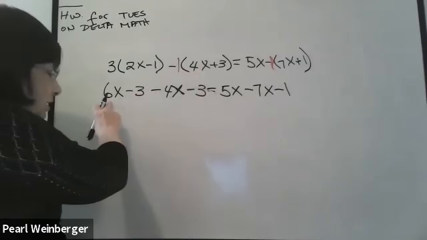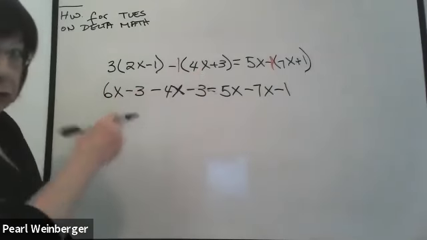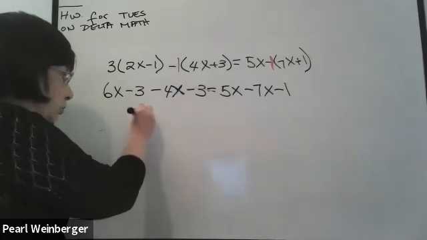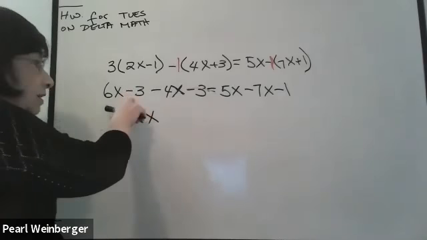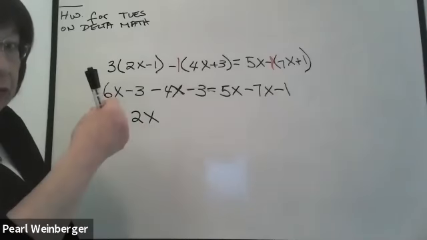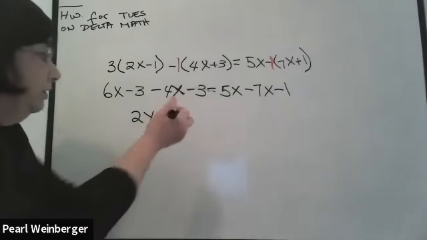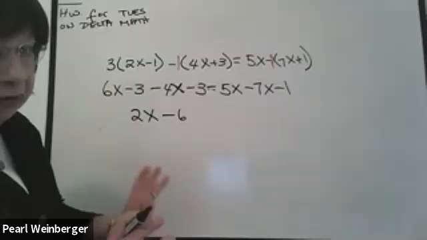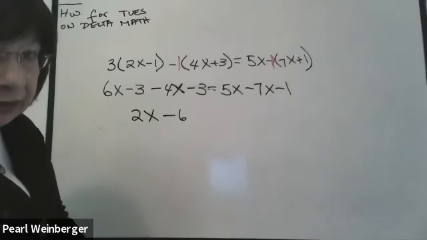I see there's a 6x and a minus 4x. Those are like terms, and 6x minus 4x gives me 2x. And the -3 and the -3 are also like terms. When you add a -3 and a -3, that gives you a -6. Again, if you're running into problems with this, just take out your calculator.